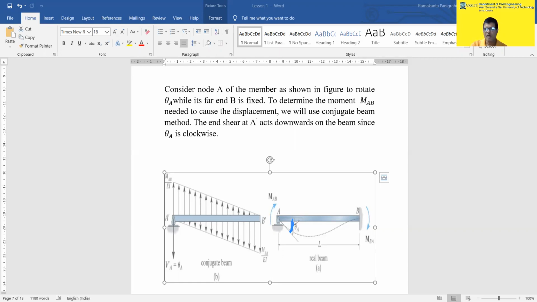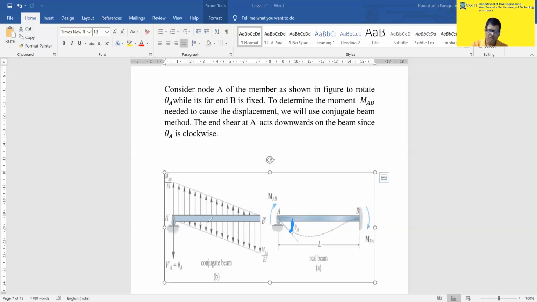Now how will we find out? You draw the conjugate beam. The fixed end becomes a free end, the free end becomes a simply supported end, and this is the free end.